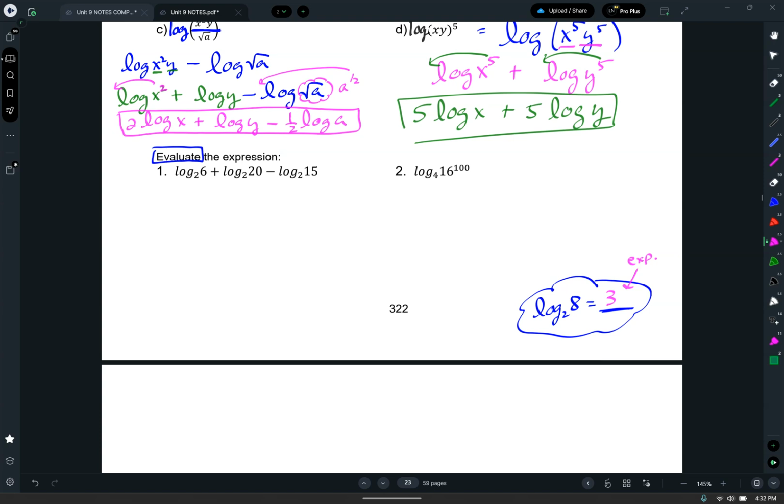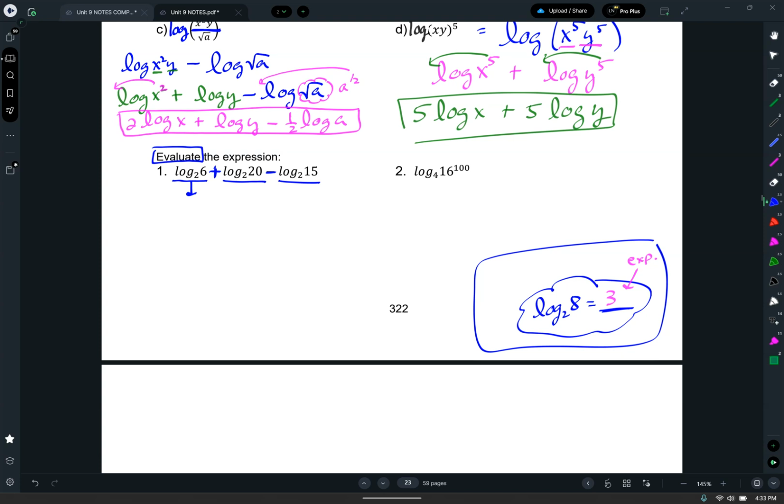All right. So maybe what I can do is come up here and say, well, let's see if we can figure out each individual answer, and then I'll just add the first 2 and then subtract the third one. Okay, well, let's think about it. For this one, log base 2 of 6. Can you think about it like we did down here?